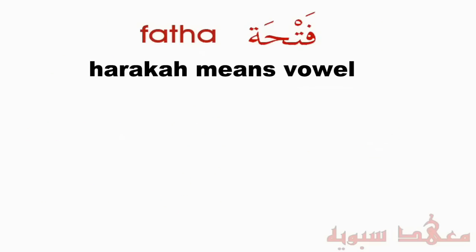So we have the first harakat, which is fatha. Now, for example, when we say the word cat, notice the a sound. Cat. That's the same sound of a fatha.